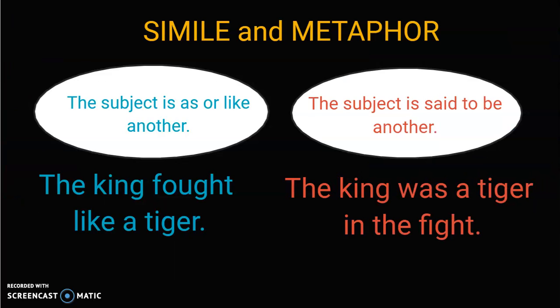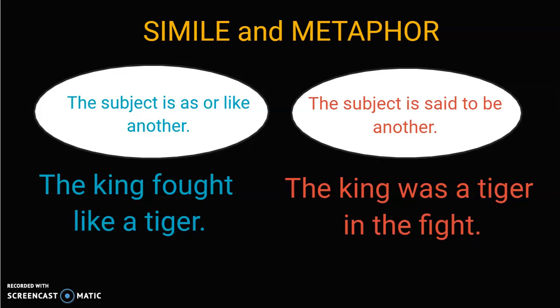Let me conclude the difference between simile and metaphor. In simile, the subject is as or like another. The king fought like a tiger. Here, the king is compared to a tiger with the help of the word like.